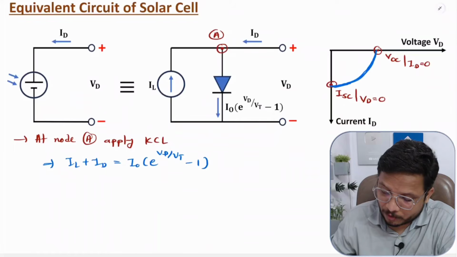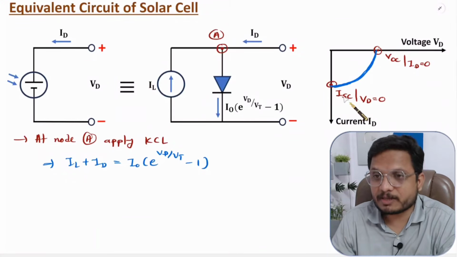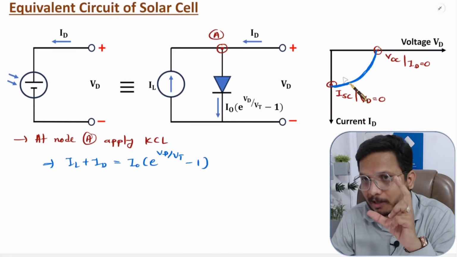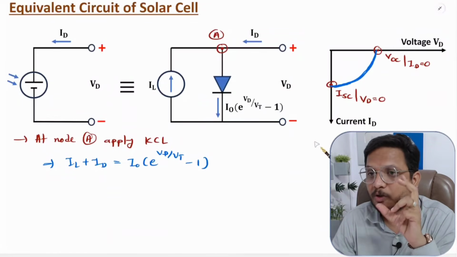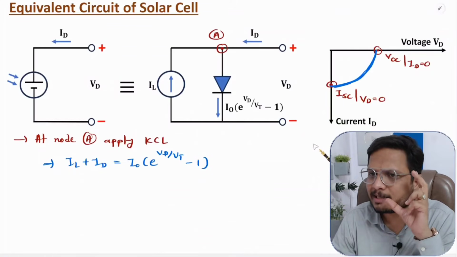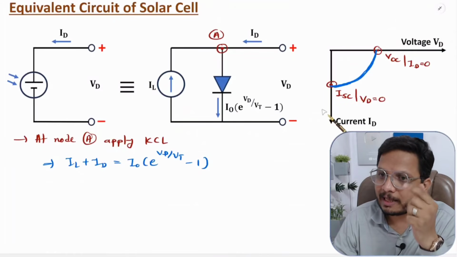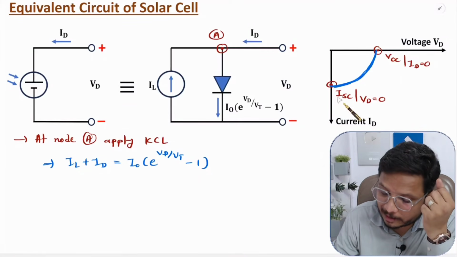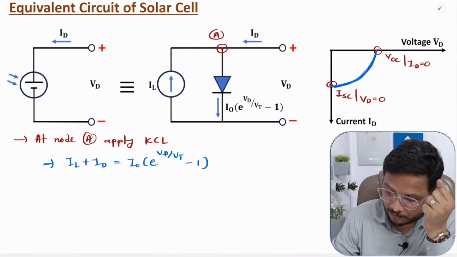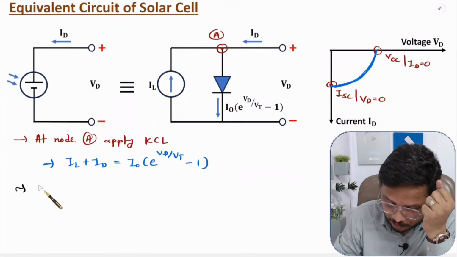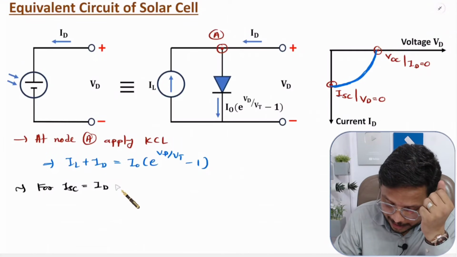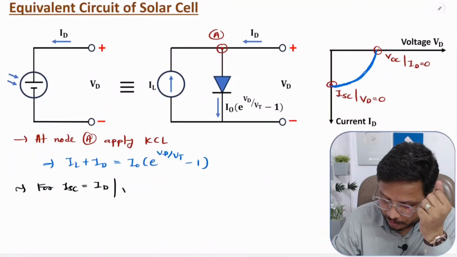Now, as I have told you, if you want to measure ISC, the short circuit current, this characteristic is for the solar cell only, right? So in the fourth quadrant only, we need to observe the characteristic. The reason is that in that quadrant only, we are operating that PN junction as a solar cell. So if you want to calculate ISC, you will have ISC equal to ID provided VD is 0.